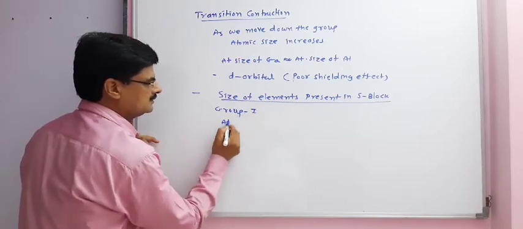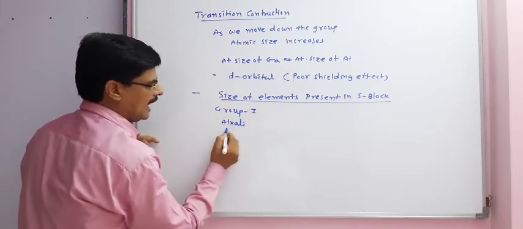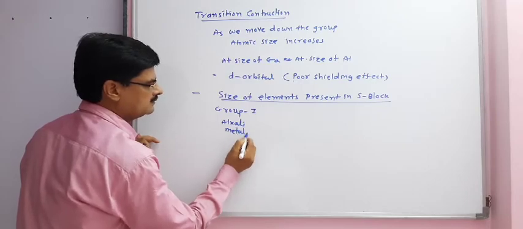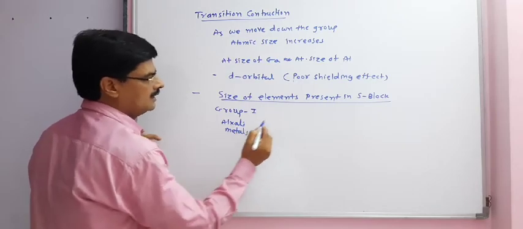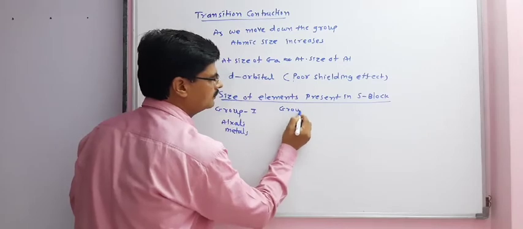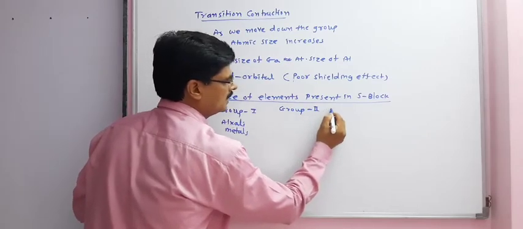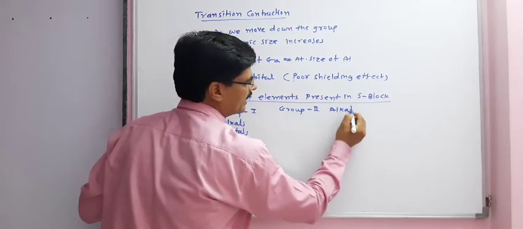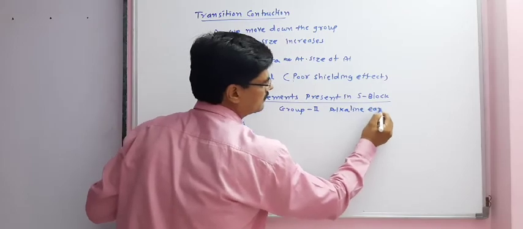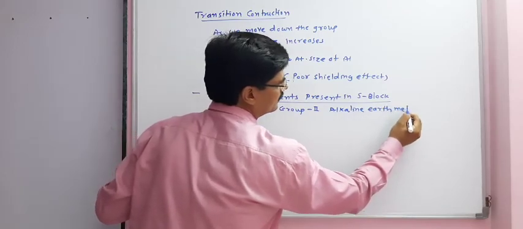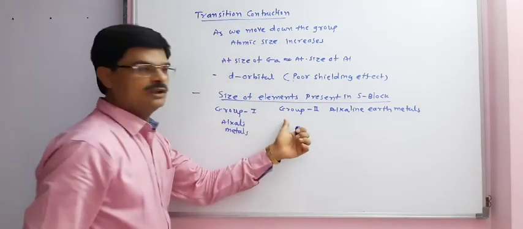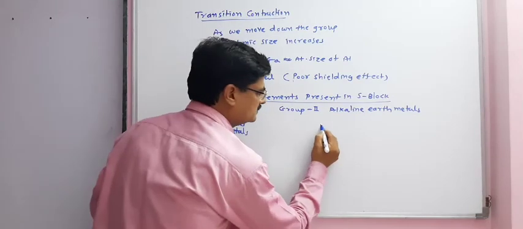Group 1, alkali metals, and group 2, alkaline earth metals.